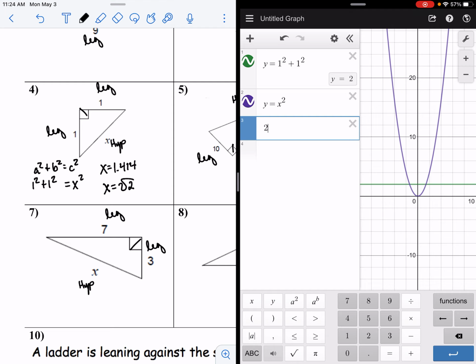If I just type in square root of 2, you notice I get 1.414. That's because 1 squared plus 1 squared, well, 1 squared is 1, plus 1 is 2, and then we solve for x, so we take the square root of both sides, which gives me the square root of 2.